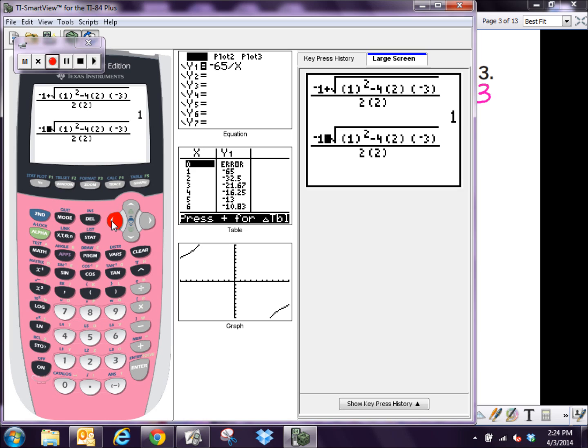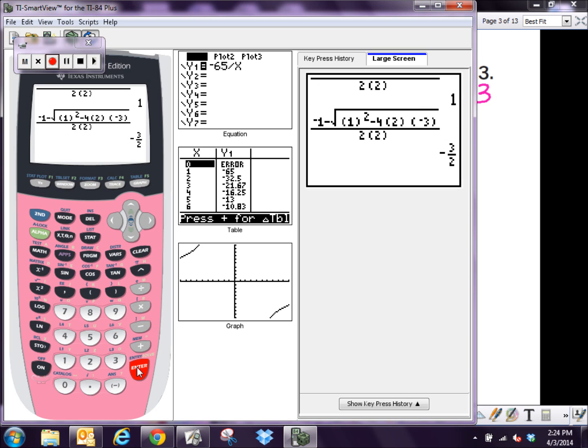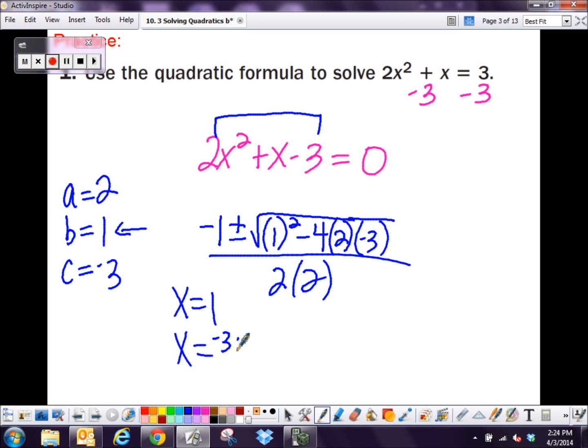So I get to the plus, I just type over it, change it to minus, and I get -3 over 2. And so those are my two solutions here. Remember, solutions are the same thing as roots, the same thing as zeros, and the same thing as x-intercepts. Okay, so we're going to talk about that a little bit more.